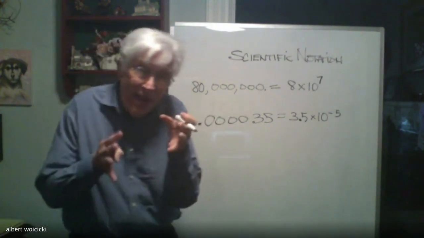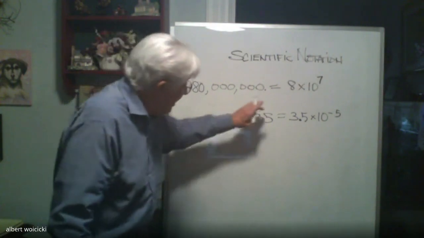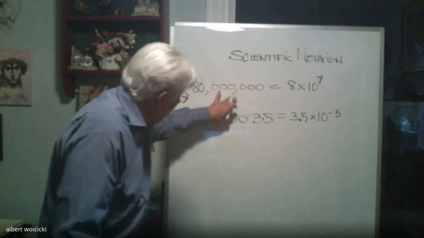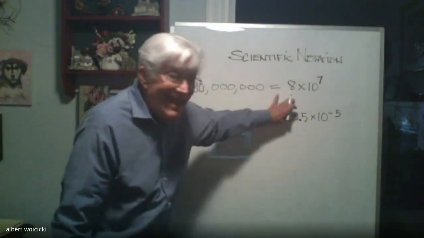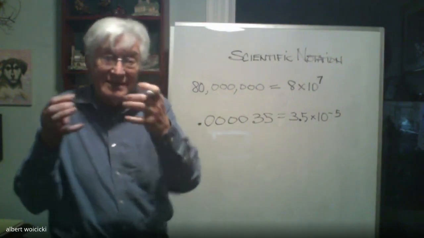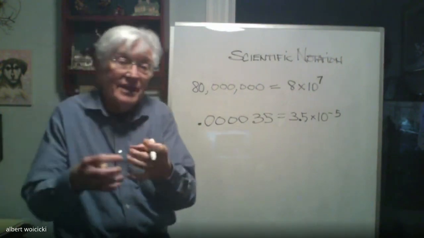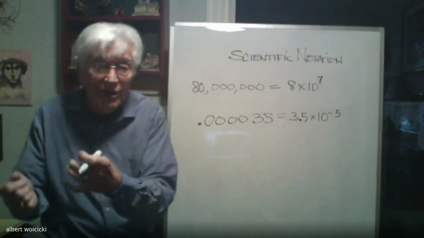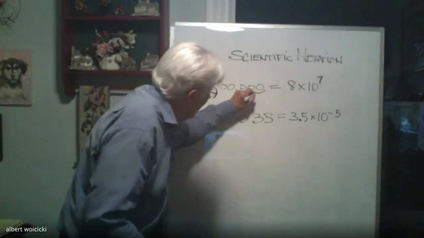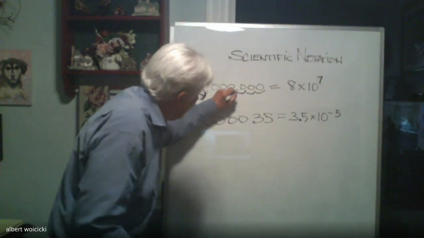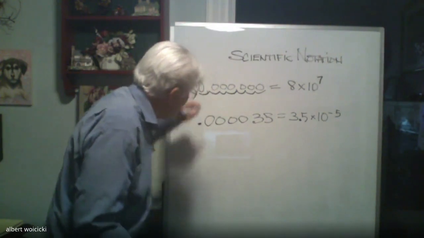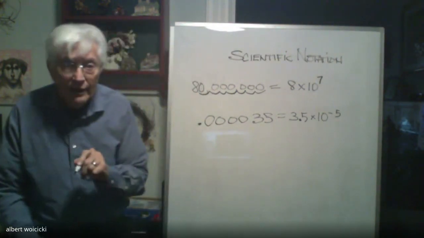But now what happens is, if I'm going to make a big, large number like 80 million and move it all the way down so that now I'm going to call it 8, I have to multiply that by 10 to something to get back to the real value. So I have to count back each one of these spaces, which is a space of 10, which you've learned about over and over again.